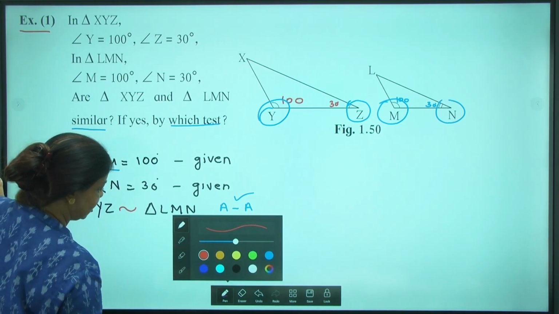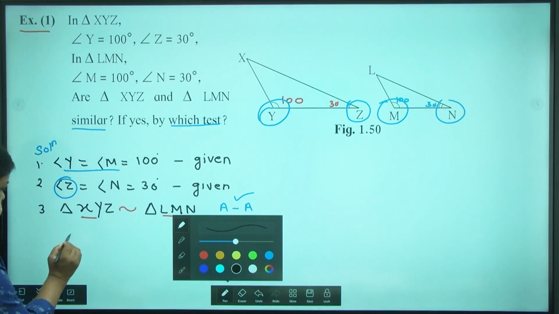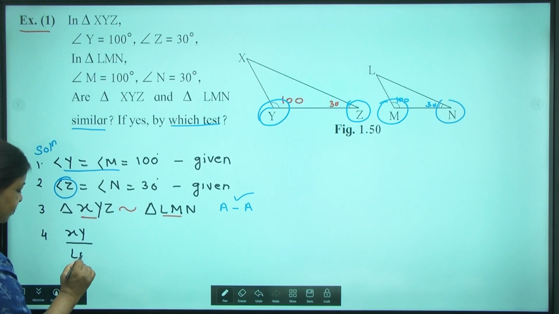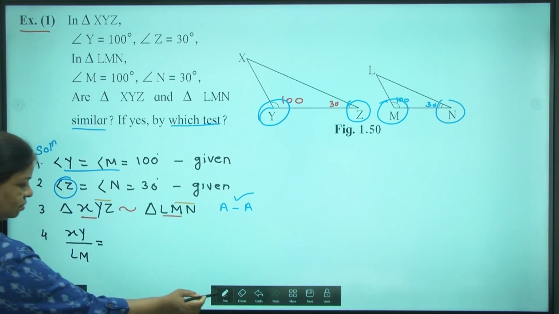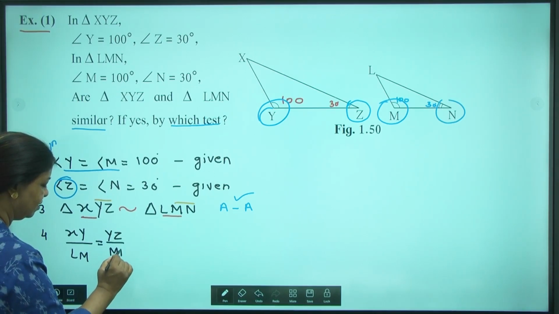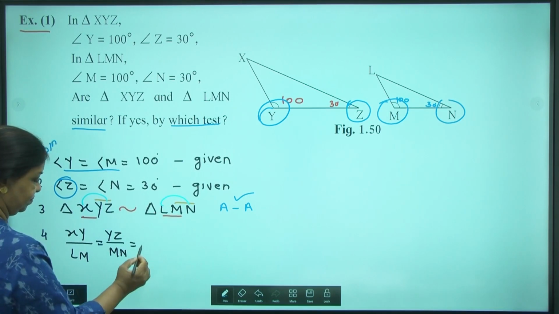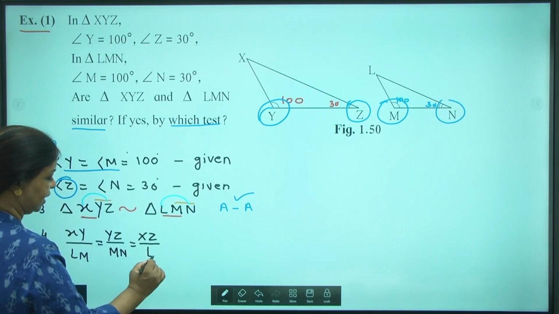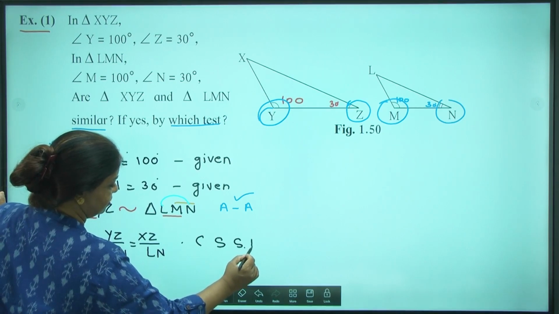Children, how to take the corresponding sides? See, XY upon LM is equal to YZ upon MN, which is equal to XZ upon LN, corresponding sides of similar triangles.